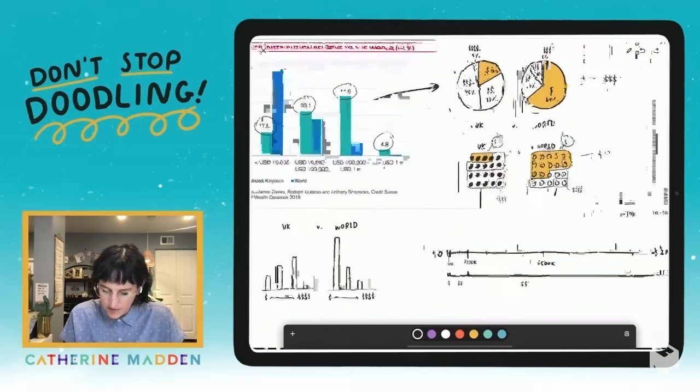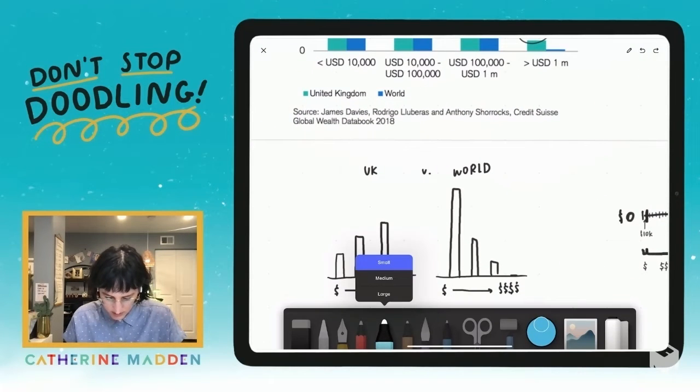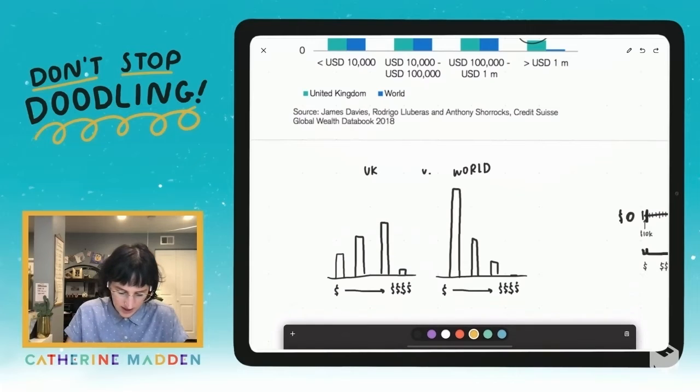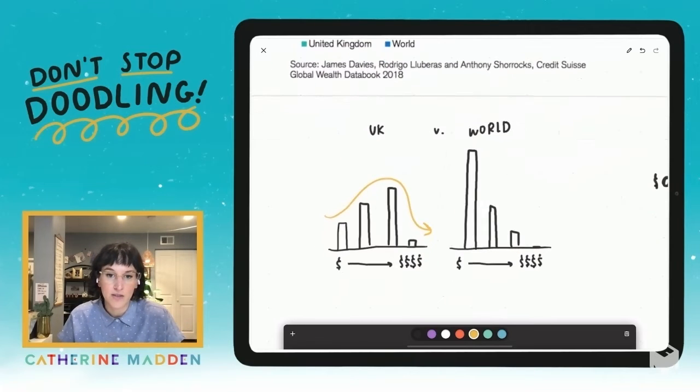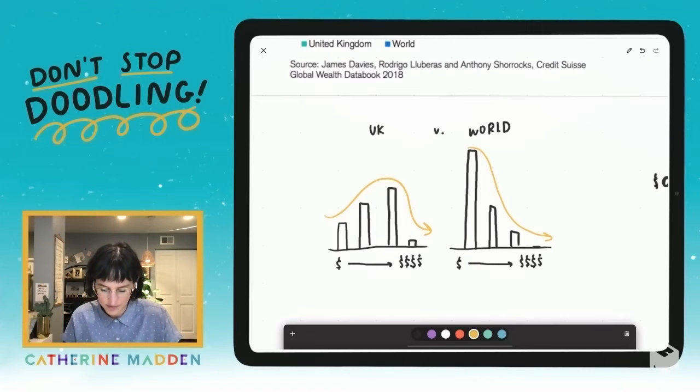I moved on from the parts of a whole, and I wanted to separate out that idea of the shapes of distributions. And like I mentioned, I traced over the actual chart when I was in steps 1 and 2. I just separated these out to show the camel hump shape of the UK compared to the slide shape of the world.